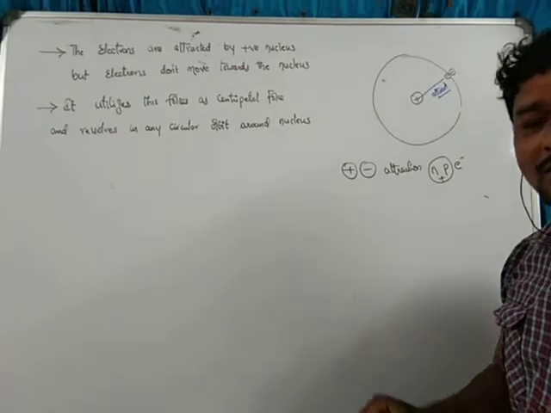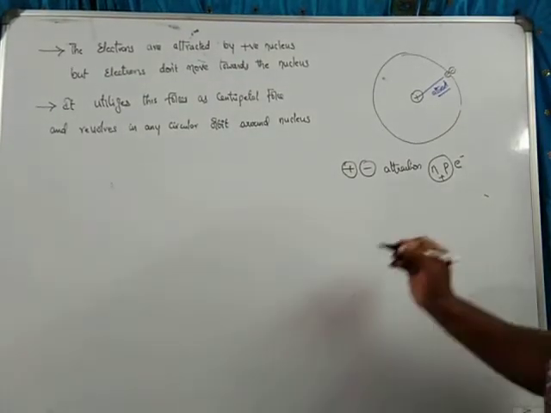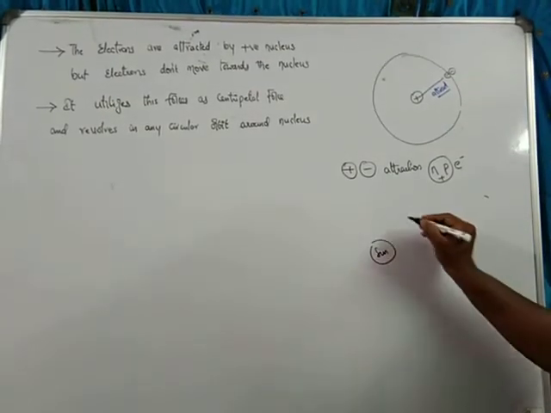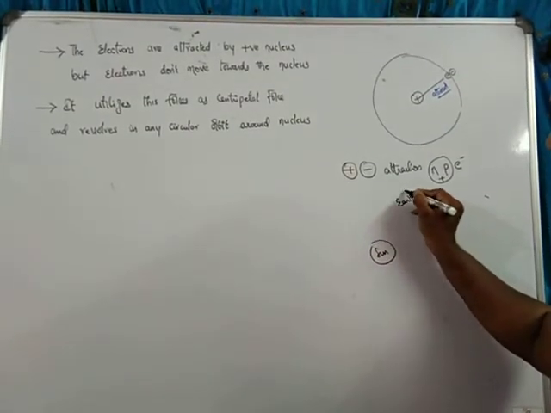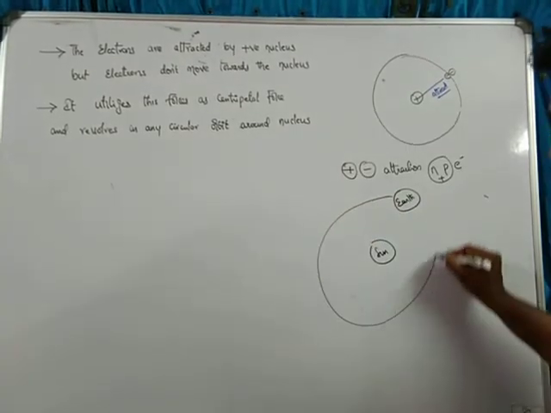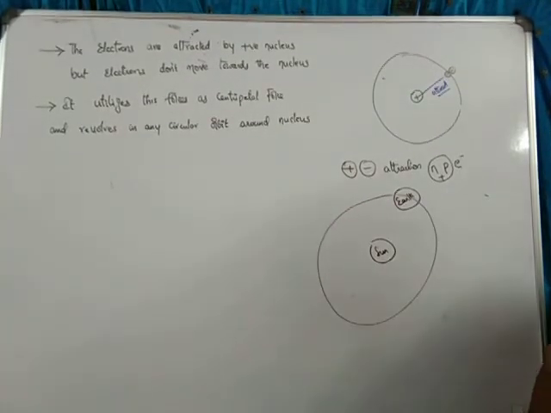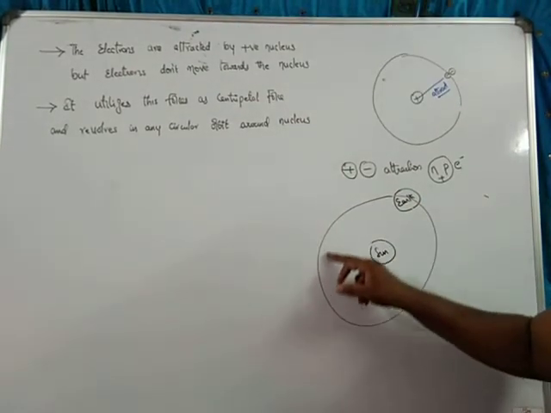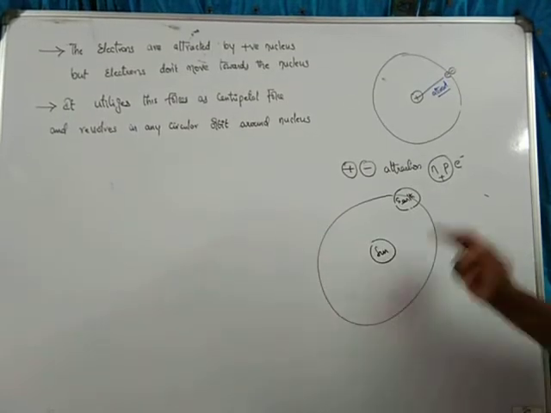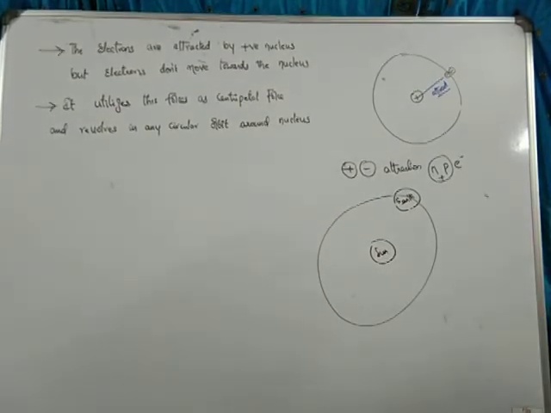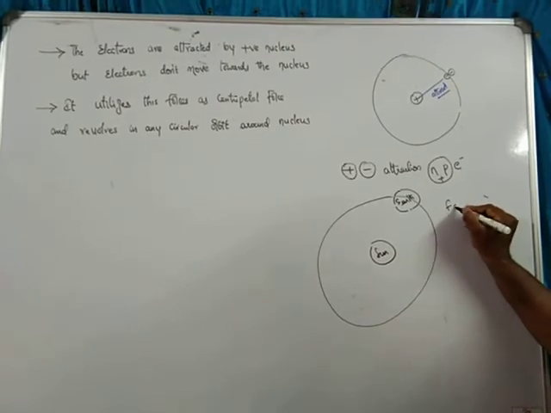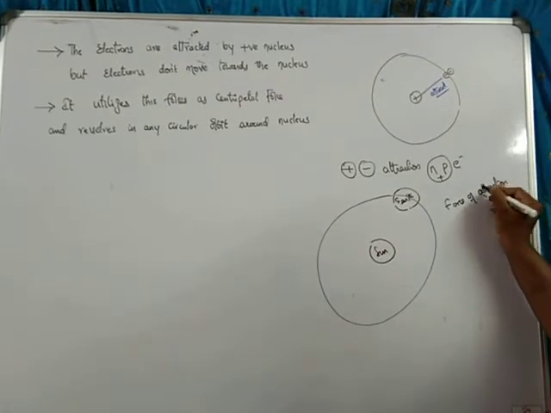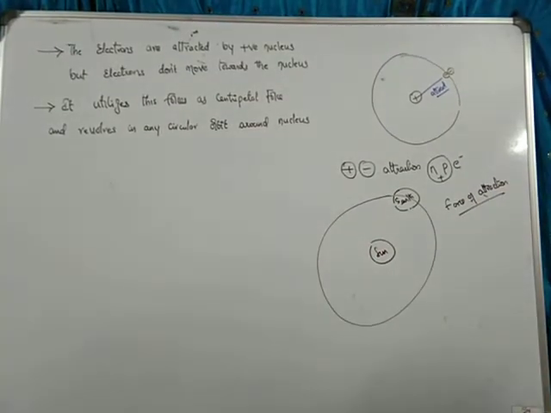To explain this, consider the sun. Around the sun, the Earth revolves in a circular orbit, or rather an elliptical orbit. At the end, they stated it was an elliptical orbit. The Earth moves in a particular orbit, but according to the concept of gravitational force, there is a force of attraction between two masses, even though it is not attracted.